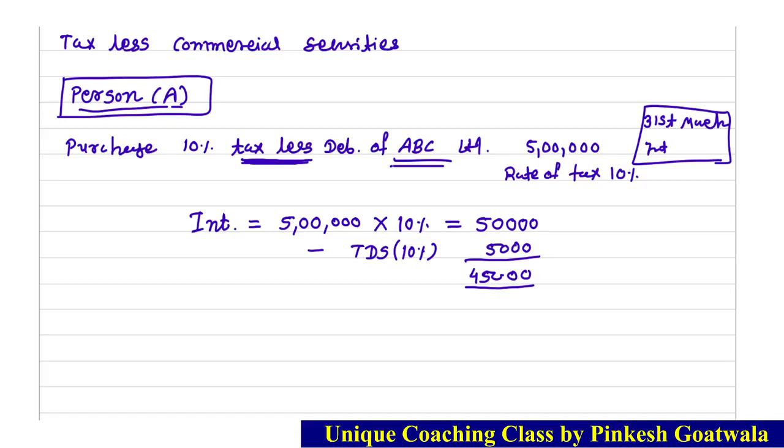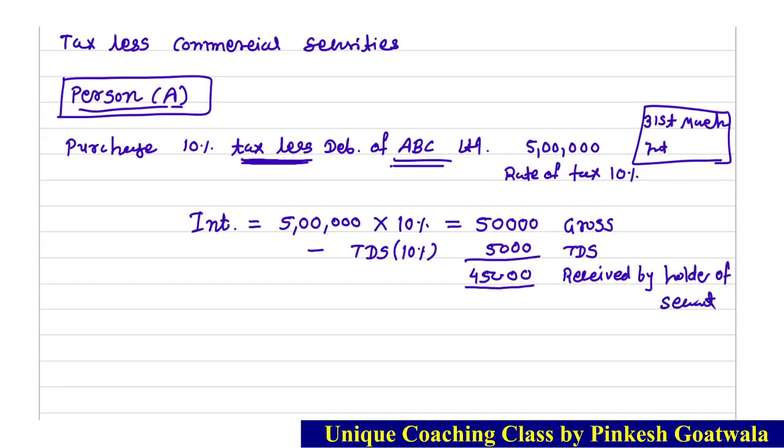So you can say that this 50,000 is the gross income. Okay, this 5,000 is the TDS amount, and the 45,000 is the actually received amount by the holder of the security. So the person who holds the security receives interest of 45,000.